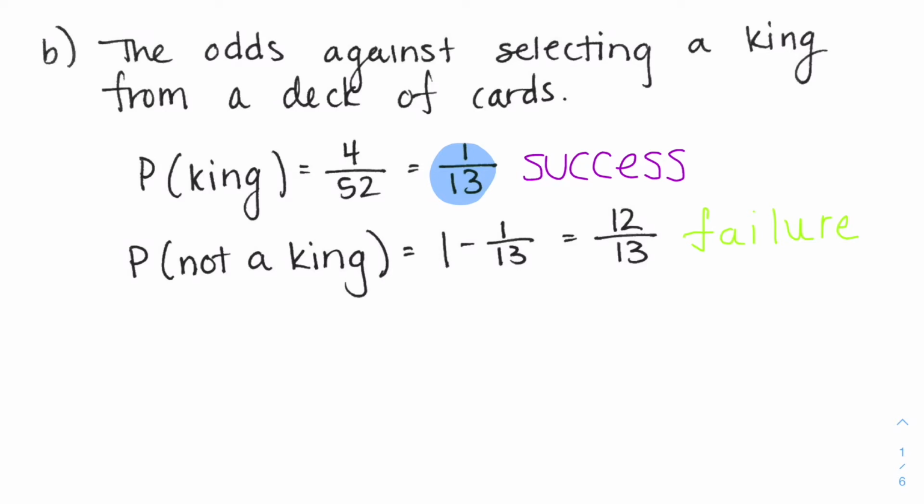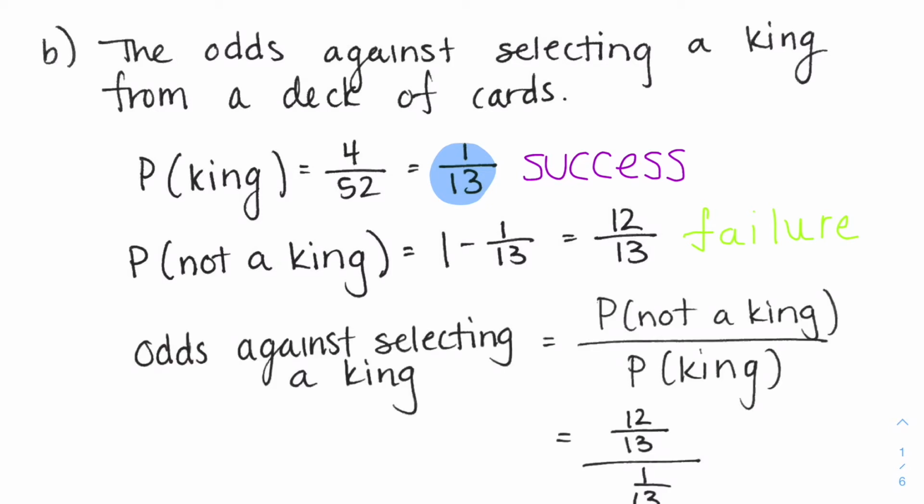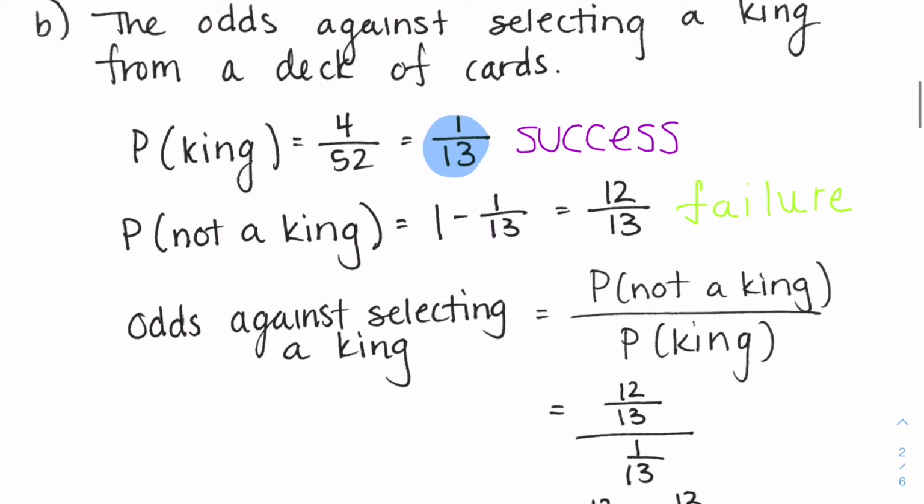So we just need to look at the probability of failure divided by the probability of success. The odds against selecting a king are failure over success. Here's failure, and here is success. Okay?